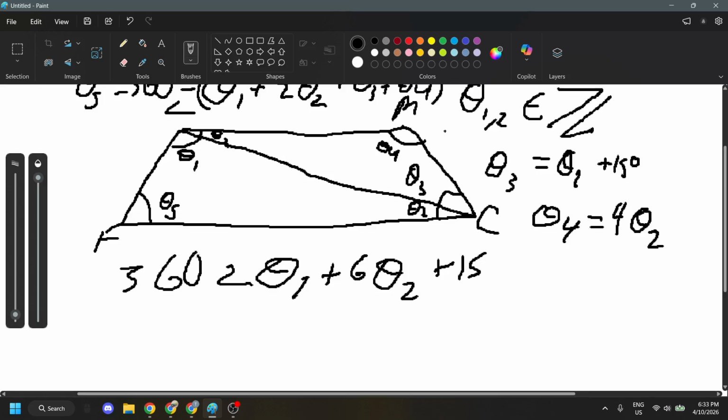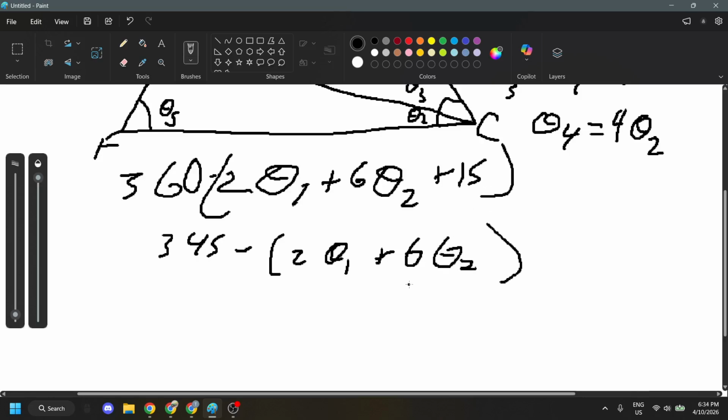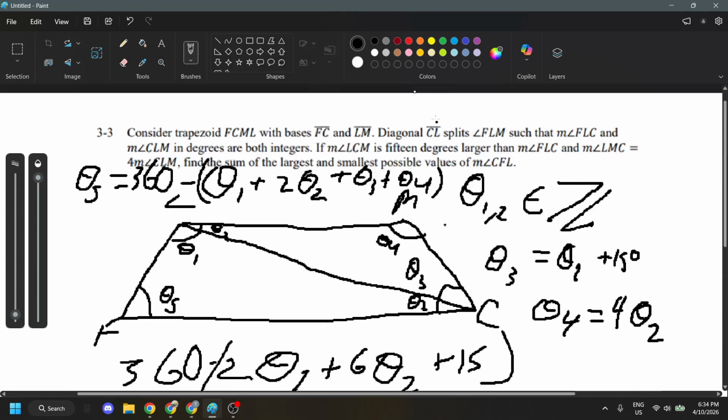So 360 minus this. So it's going to be 345 minus 2 theta 1 plus 6 theta 2. Minimize and maximize this. Okay, what do we know about theta 1 and theta 2?